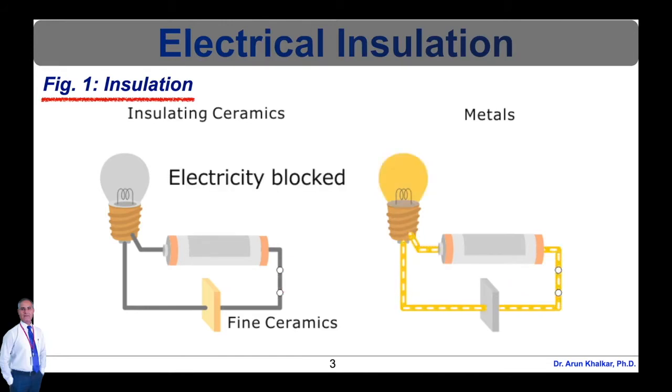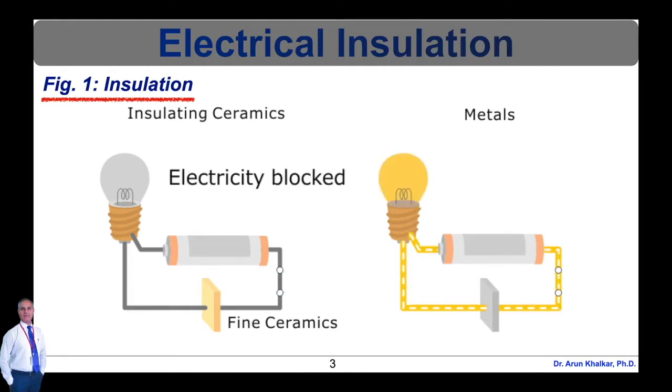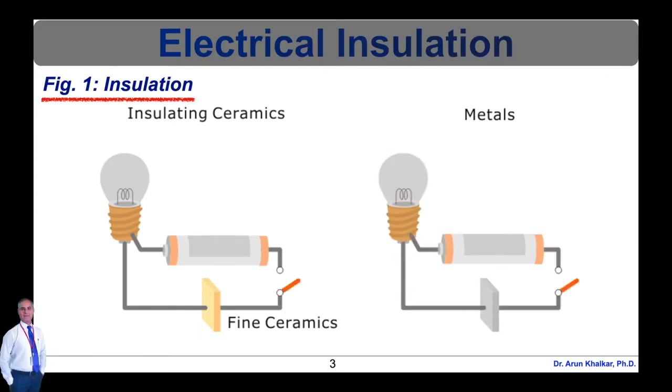Whether a substance is an insulator or a conductor generally depends on the number of free electrons it possesses, which can be used to carry electric current. A substance with higher insulation properties is less conductive because it possesses fewer free electrons.